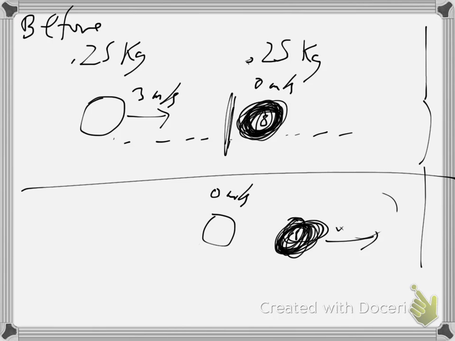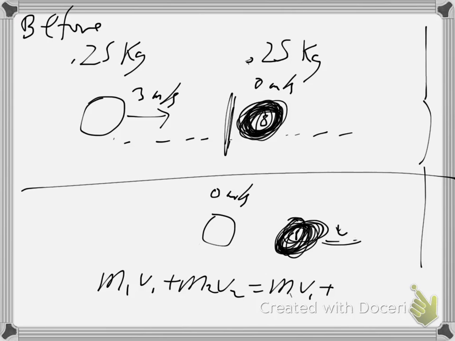So, to figure out what this velocity is, we use our formula m1v1 plus m2v2 equals m1v1 plus m2v2. Now, let's say that the cue ball will be our first object and the 8-ball will be our second object. So the first thing we can do here is look and say, hey, there are no velocities at 2 spots.